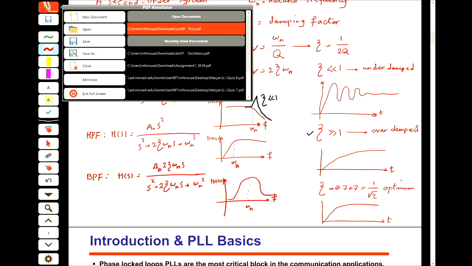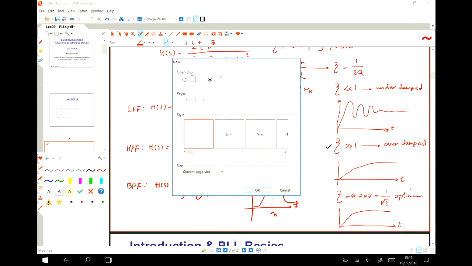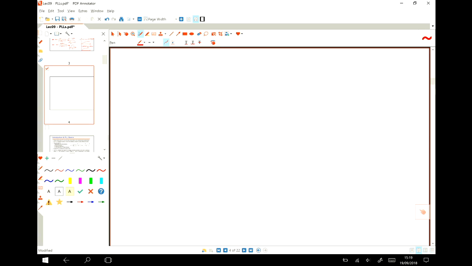So if I want to talk about the stability of this system, something we discussed in the previous lecture, in the S-plane, first I just write down that the denominator of the system, s squared plus 2 zeta omega n s plus omega n squared, equal to 0.